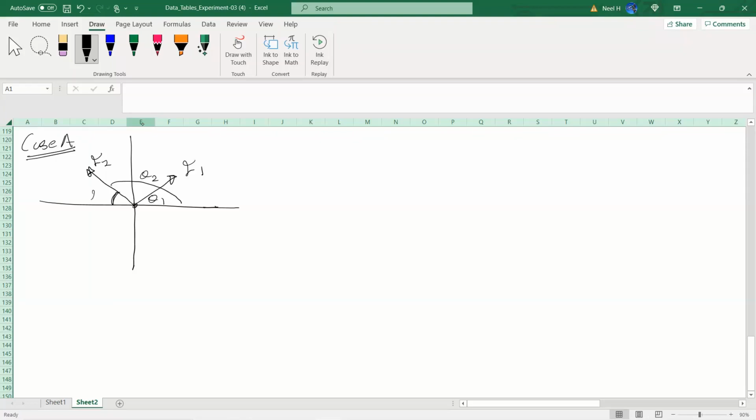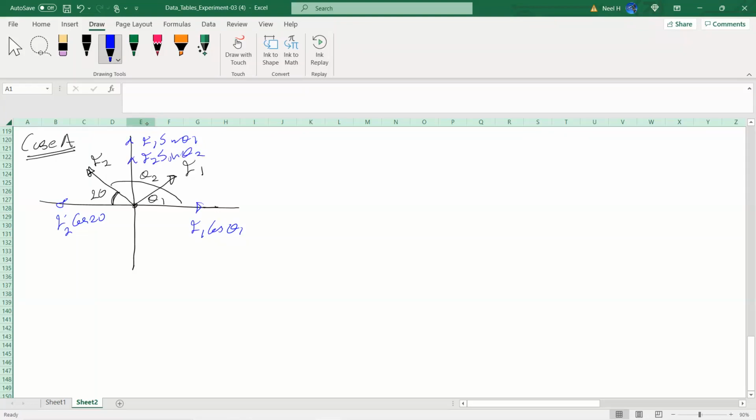This angle is just 20 degrees. Then you can write the projections. Along the x-axis, I have a projection F1 cosine theta 1. In this direction, I have a projection F2 cosine 20. Then in the upward direction, I have a projection F1 sine theta 1, and another projection here, F2 sine theta 2.